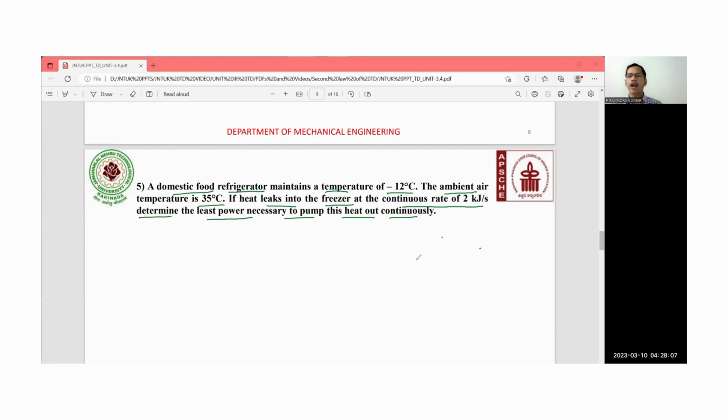This is what the theoretical concepts we have learned. So try to draw the diagrammatic sketch. Now what are you going to get? 35 plus 273 is 308 Kelvin, and the other one is the food freezer, minus 12 plus 273, you will get 261 Kelvin.